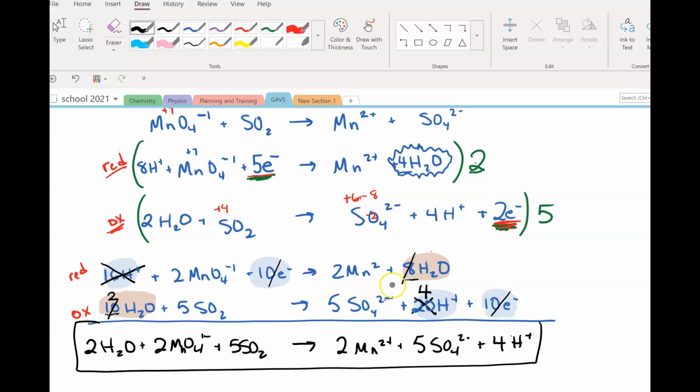I'll remove all 8, and I'm left with 2 waters on the reactant side, 2 permanganate ions, and 5 sulfur dioxides. On my product side, I'm left with 2 manganese 2 ions and 5 sulfate ions. For my hydrogens, I started with 20 produced and needed 16 initially, so I am left with an overall balance of 4 on the product side. And that is another example of balancing in acidic conditions.